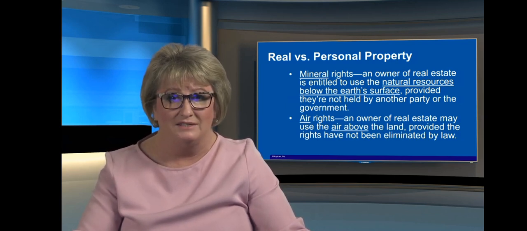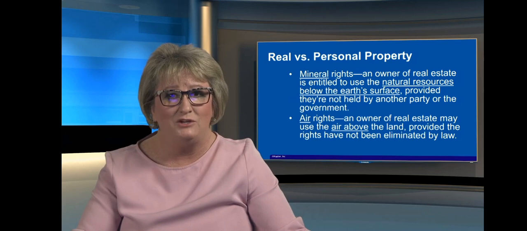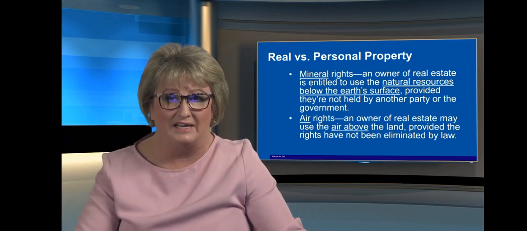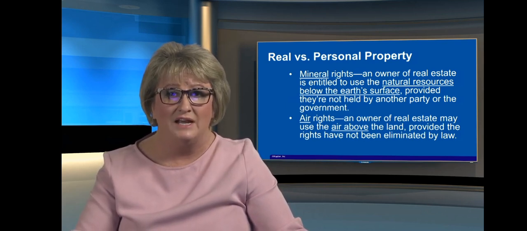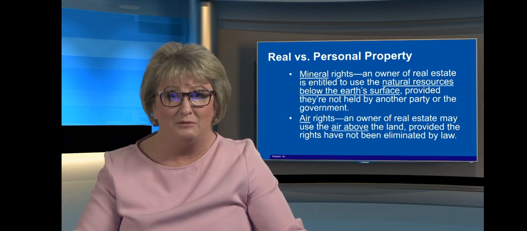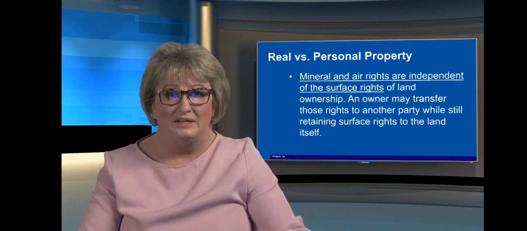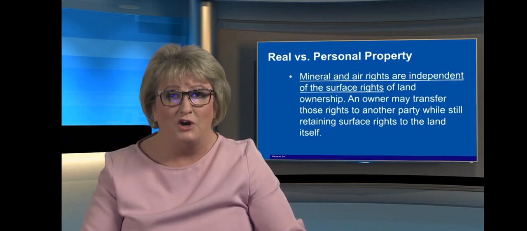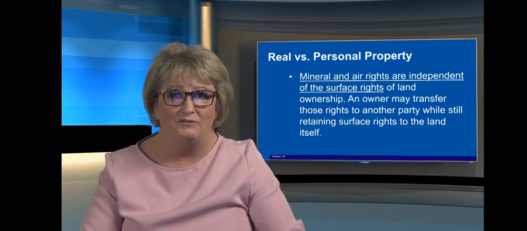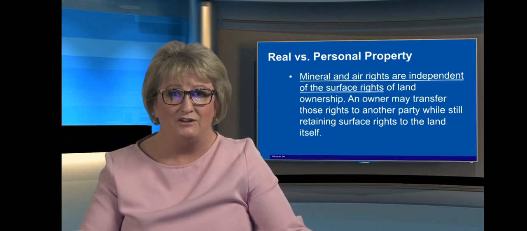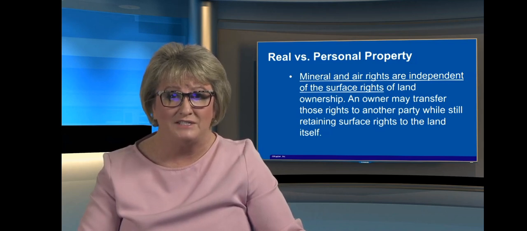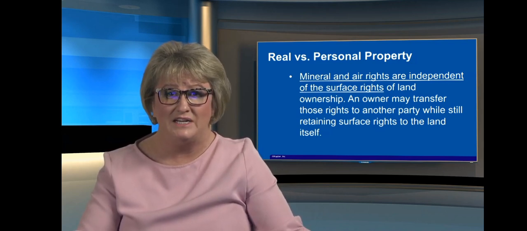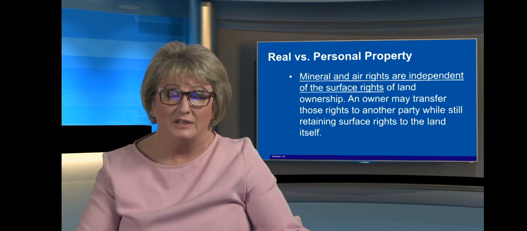Air rights: an owner of real estate may use the air above the land, provided the rights have not been eliminated by law. Mineral and air rights are independent of the surface rights of land ownership. An owner may transfer those rights to another party while still retaining surface rights to the land itself.